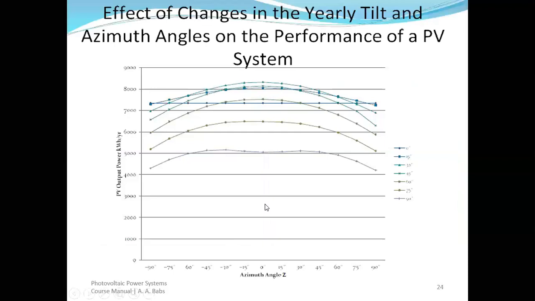Effect of changes in yearly tilt and azimuth angles on the performance of PV system. Every year and every season of the year experience different variations of the sun, the wind, and climatic conditions. In the summer, we have more sun, very hot sun.